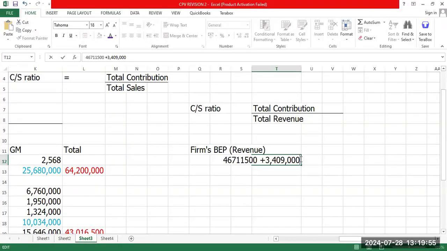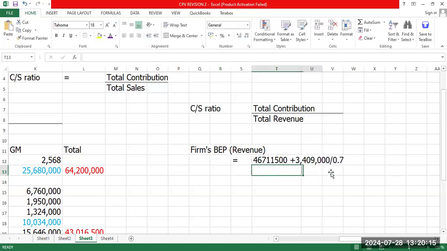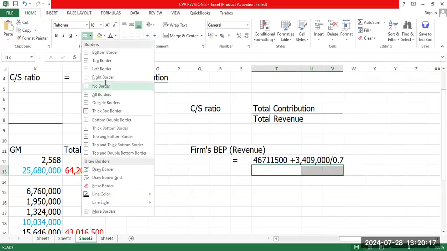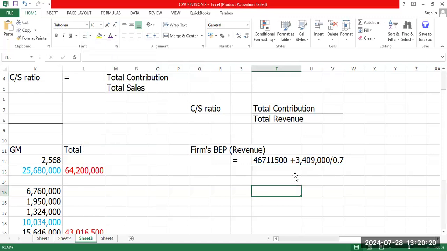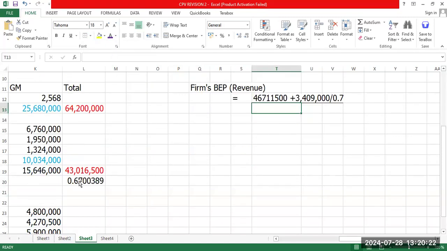Then I divide by 0.7, because this is profit after tax, I have to adjust it to get profit before tax. Then everything I divide by contribution to sales ratio, which is this one.